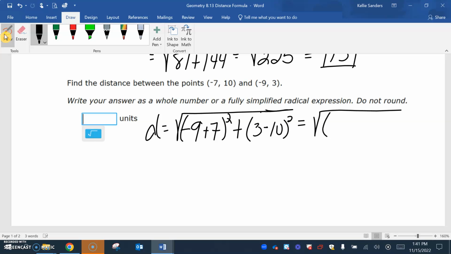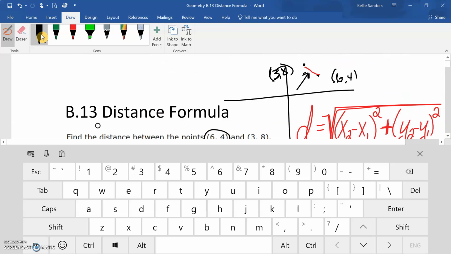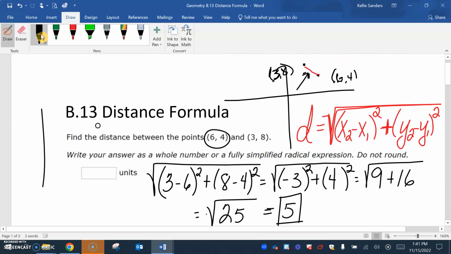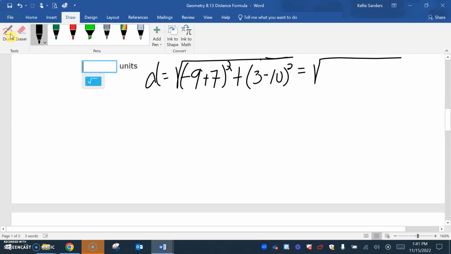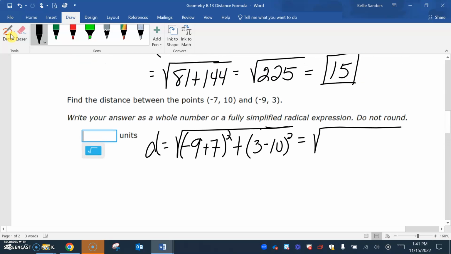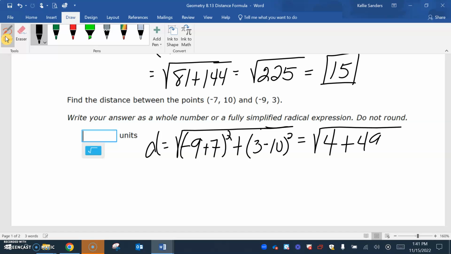I'm going to do it a little bit faster this time because really you're just wanting to know how to set it up. And then if you can do it in your head, you can do it in your head. So negative 9 plus 7 is negative 2, and negative 2 times negative 2 is 4. 3 minus 10 is negative 7, and negative 7 times negative 7 is 49.